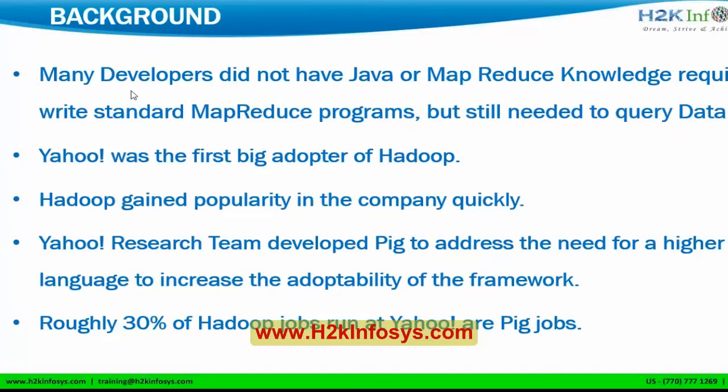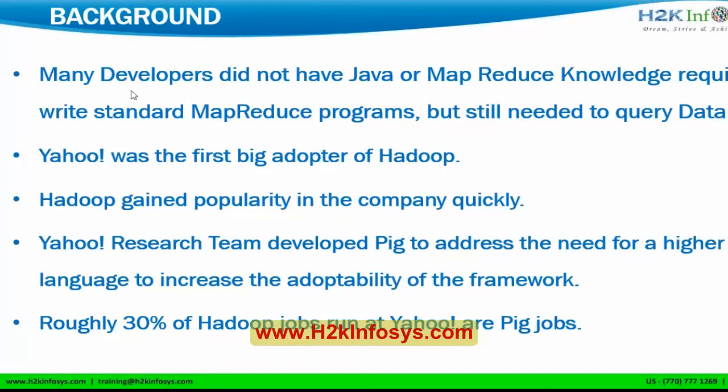Until and unless I have a programming background, I will not be able to step into Hadoop. So there were many complexities in doing research on big data. That's the reason Pig was introduced, which is a kind of high level abstraction that sits on top of MapReduce.